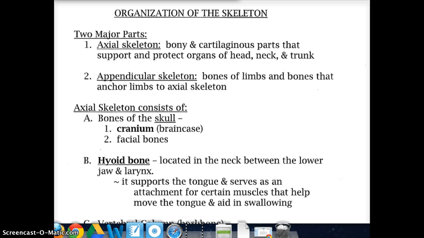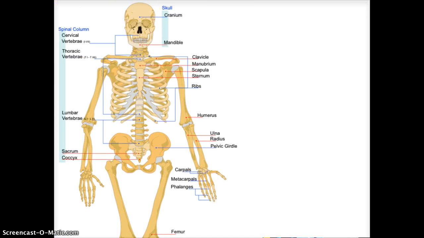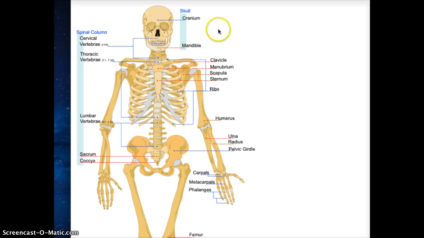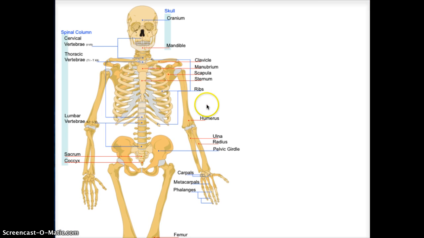I'm going to go ahead and show you a quick picture here. Here is the skeleton. And you can see then that the axial skeleton is going to just be this main part when we start talking about the cranium and the thoracic cage and your vertebral column.